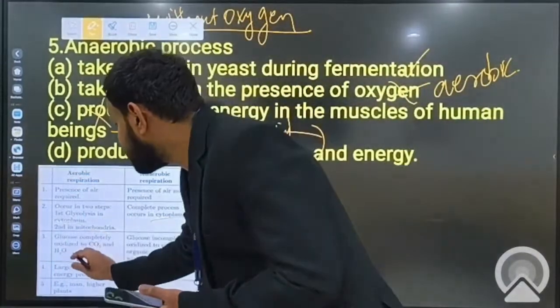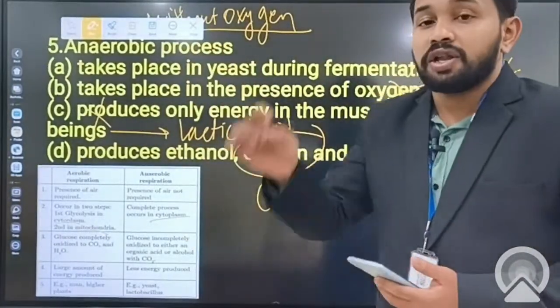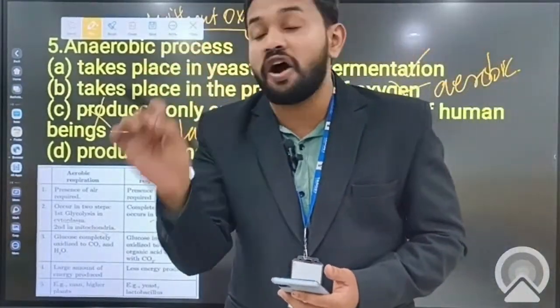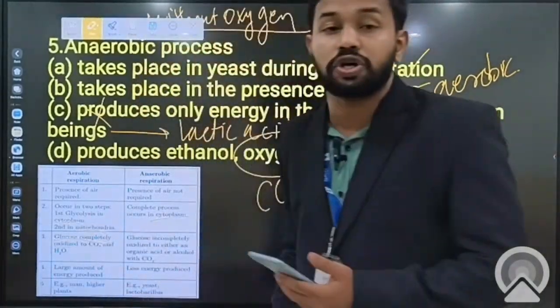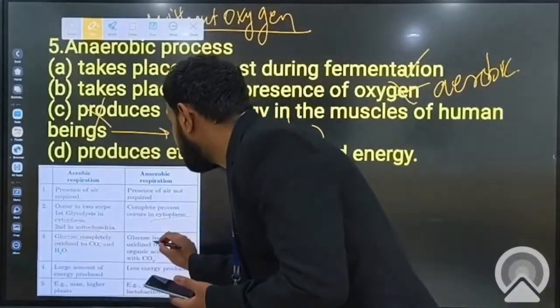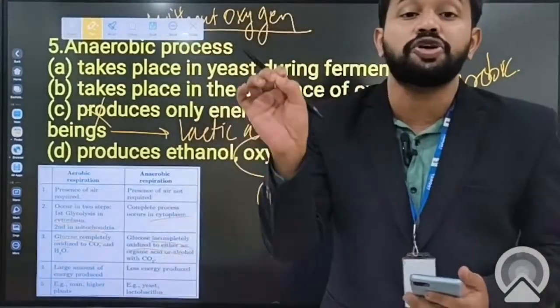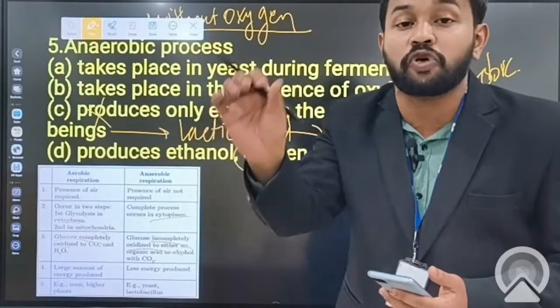Okay, you can split the third point into two. In aerobic respiration, the complete oxidation of glucose takes place. What about anaerobic respiration? It is a partial or incomplete oxidation of glucose.